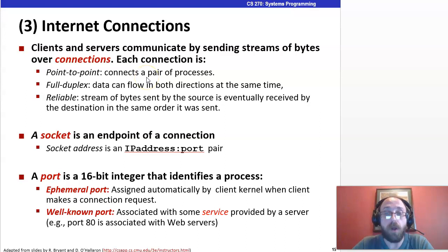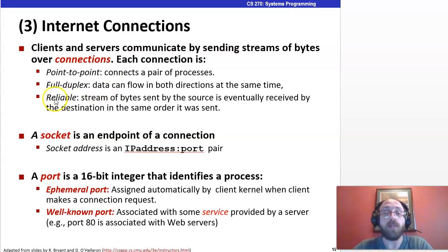It connects one process on the client, so that might be your web browser, for example, to a process on the server. That might be the web server process, for example. Connections are full duplex in that data can go in both directions at the same time. While I am sending a request to the server, I might still be receiving the response to my previous request, for example.